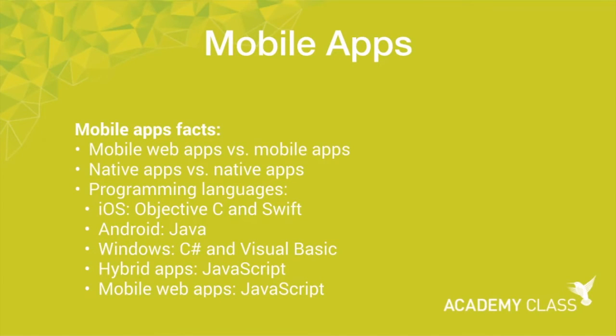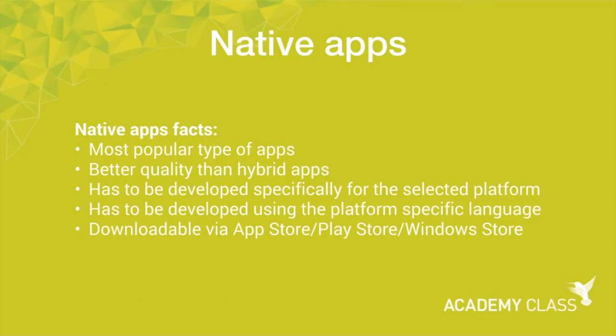However, JavaScript found a way to also get in this market, and it does that in two options. The first option is making hybrid apps, and the second option is making mobile web apps. I'm going to discuss what those are in a minute.